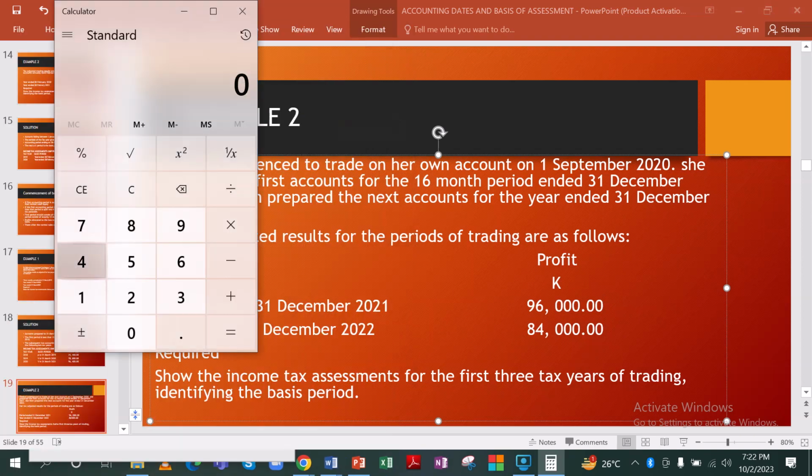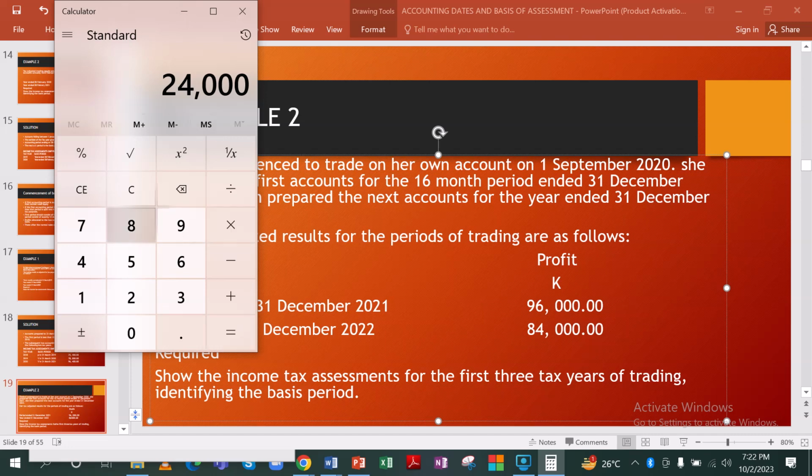We're going to say 4 months divided by the total, which is 16 months. Then once we've divided that, we multiply that by 96,000, so that we know how much of that 96,000 will be allocated to the first notional period.